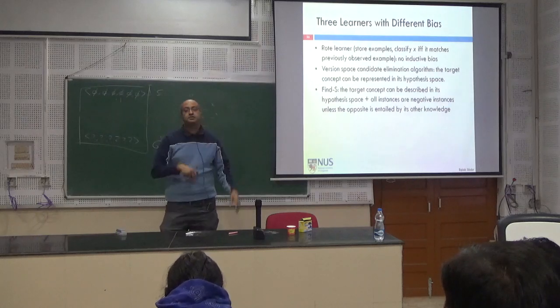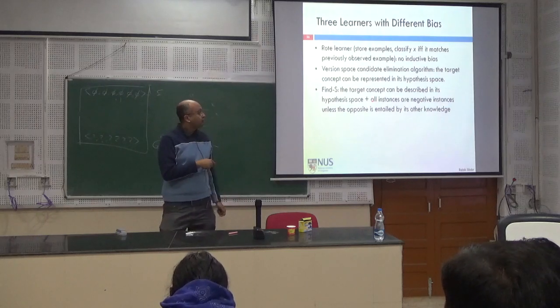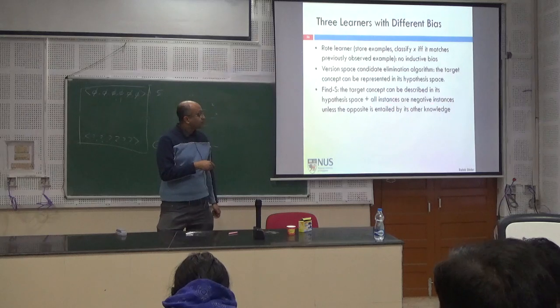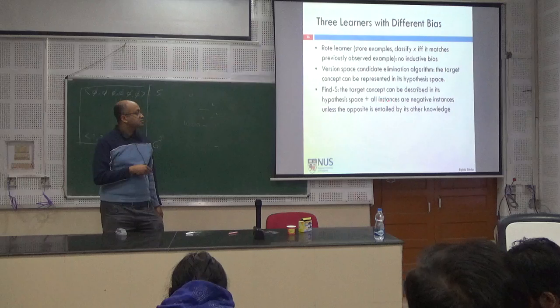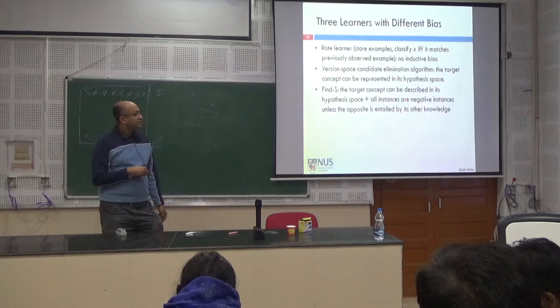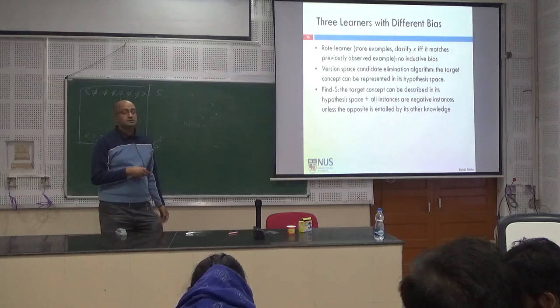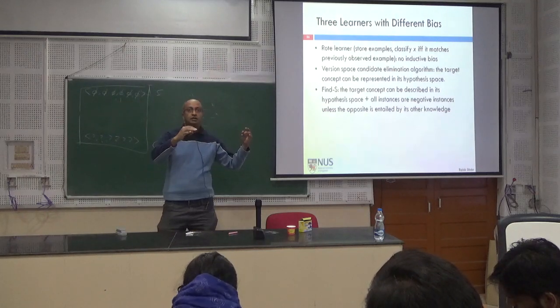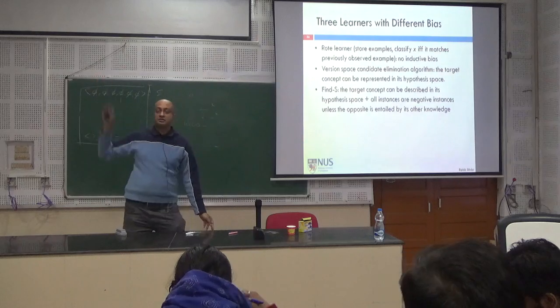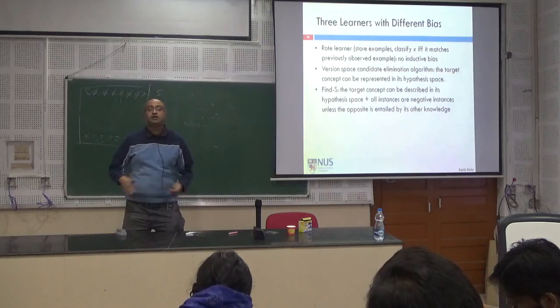I have made that assumption, just like here. But I have also made this assumption about negative instances. I'm not dealing with them. What I'm saying is, all instances are negative instances unless I know otherwise. I only worry about the positive, and if I have not seen it, it's a negative instance. Right? That's a bigger bias.